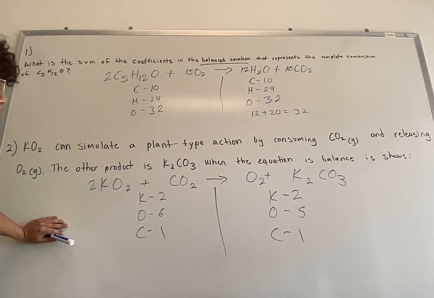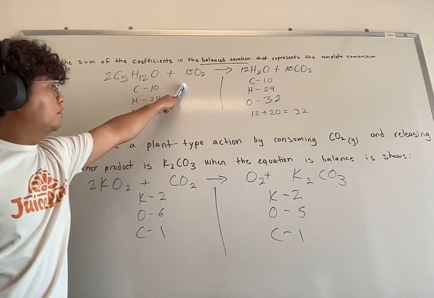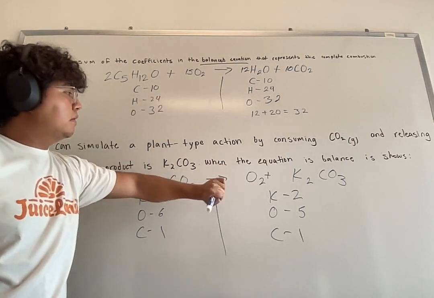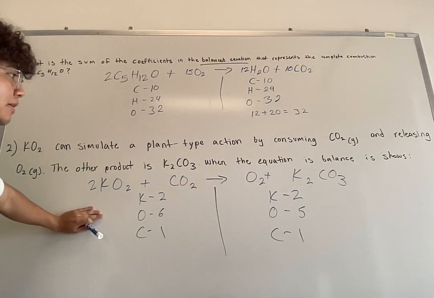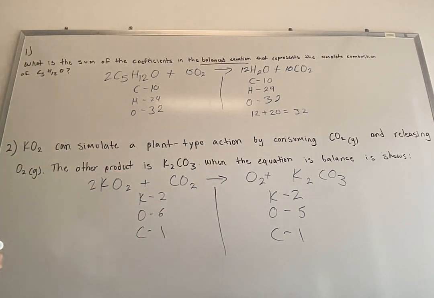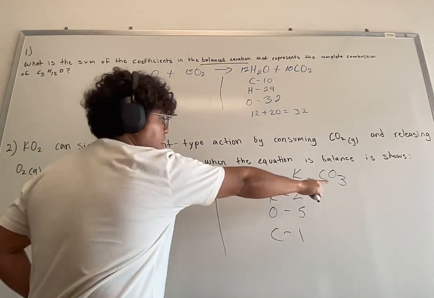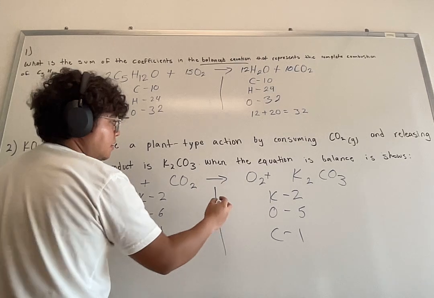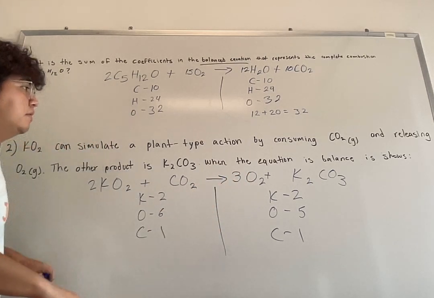Now, whenever you have oxygen, just like we did over here, you can kind of treat it at the very end. This is what you can do. Because we have 6 here, we got 3 oxygens there. So really, I kind of want to just put a 3 right there.